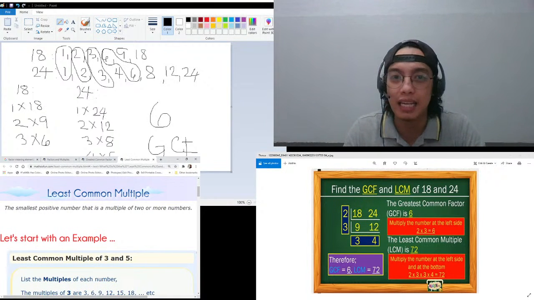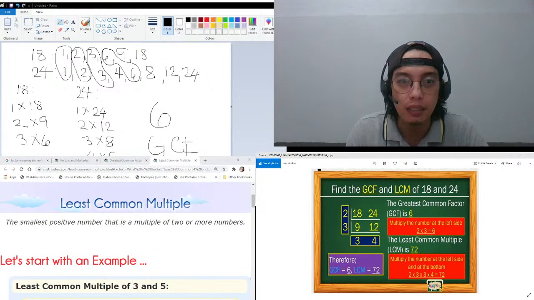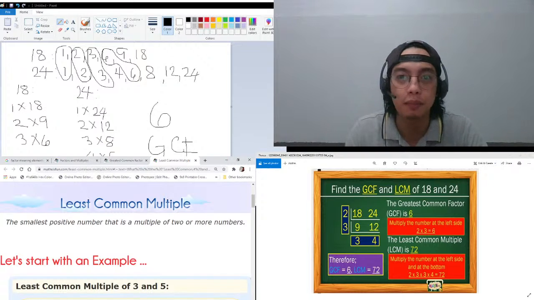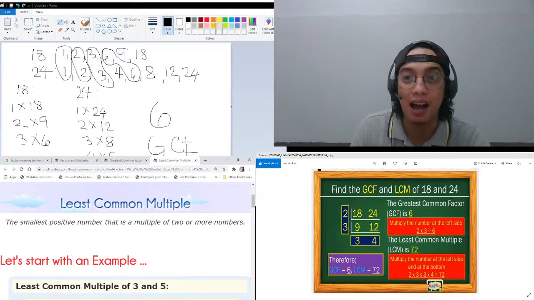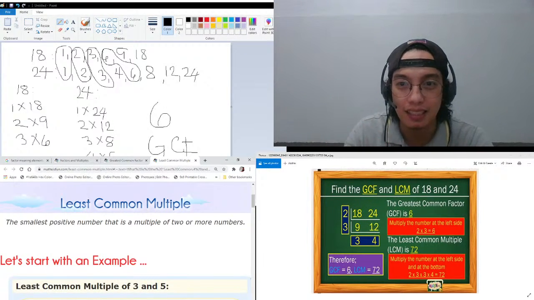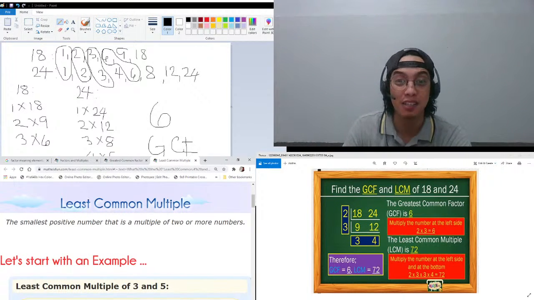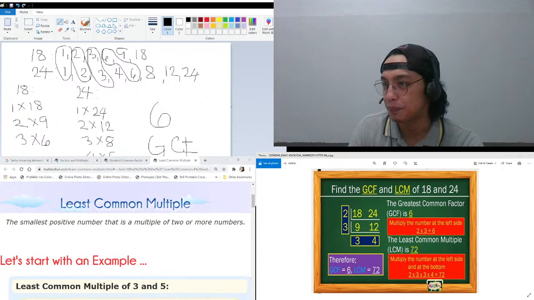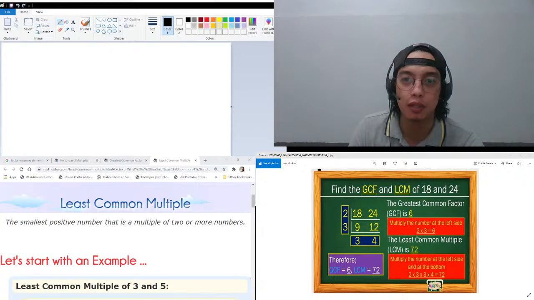That is a factor. A multiple is different from a factor. You'll wonder later that the greatest common factor has a small value, while the least common multiple has a large value. You'll understand later. Okay, let's talk about the least common multiple.